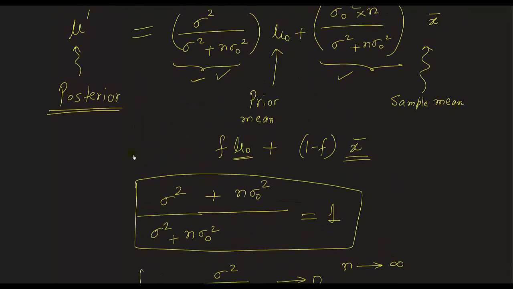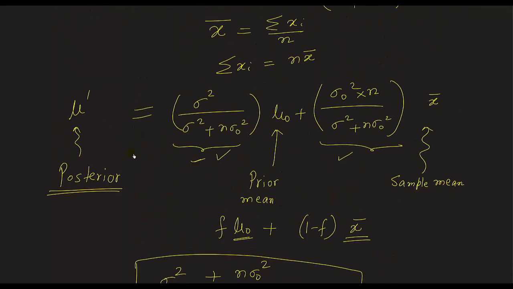So if f tends to 0, this term has no meaning and this term will be 1. In that case, mu dash is simply equal to x bar, that is the sample mean. So that is one extreme.